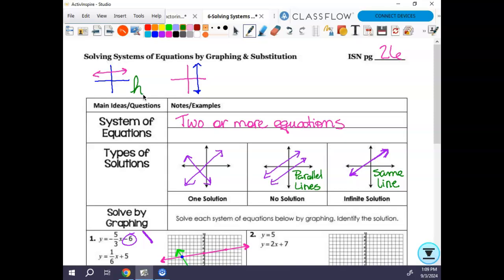Now, after you do that, turn your paper 180 degrees and tell me what that looks like now. A y, because the horizontal is y equals. Does that make sense? Horizontal is y equals, so this would be like y equals 3 or whatever.